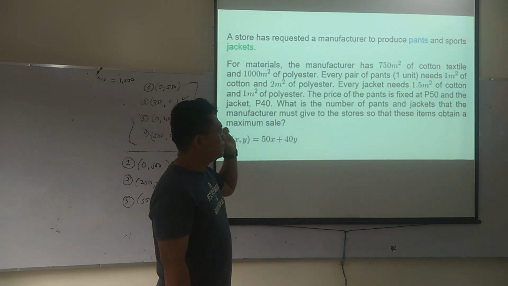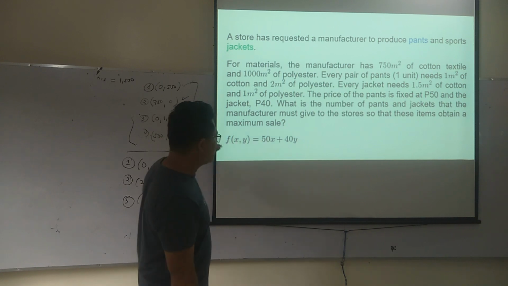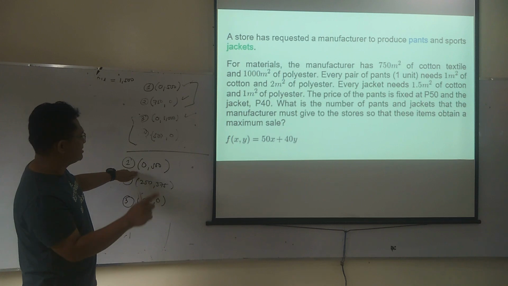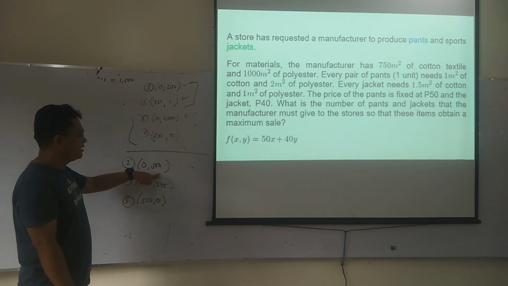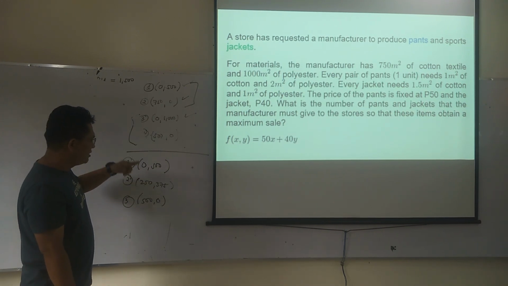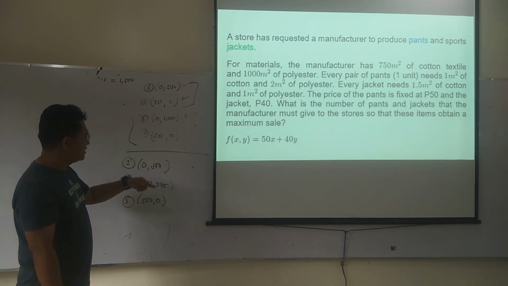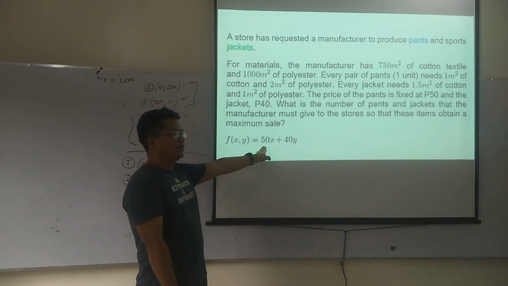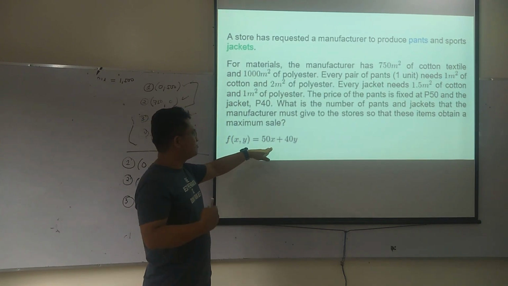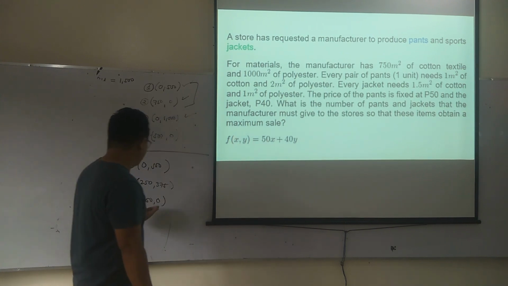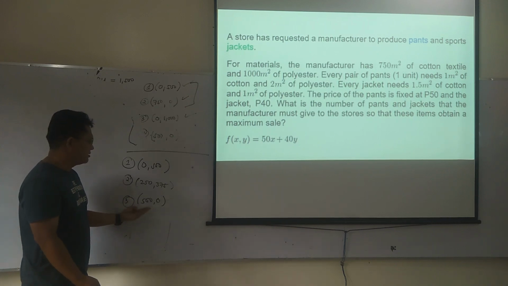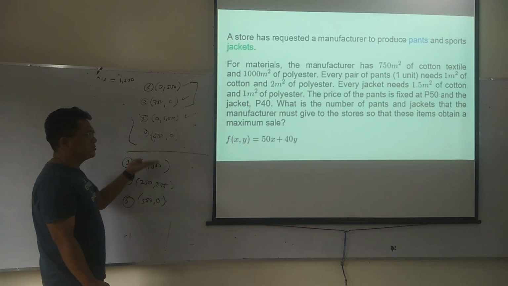Again, based on our graph, the possible solutions are we make 0 for x, which is pants, 0 pants, 500 jackets, or 250 pants, 375 jackets, or let's say if this is more expensive or price higher, why not we do all the 500 pants? So let's check these solutions.